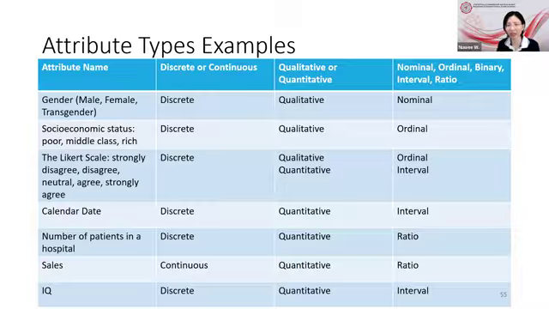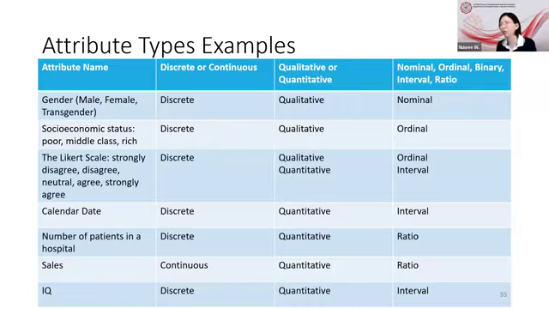So in the case of the Likert scale, it depends. You can perceive it as two different things, but of course it's discrete. Calendar date, we also talked about that before: it's interval and discrete. Number of patients, of course 1, 2, 3, 4, 5: it's a discrete number, quantitative and ratio, and it can be 0. Sales can be 0, and it's continuous.